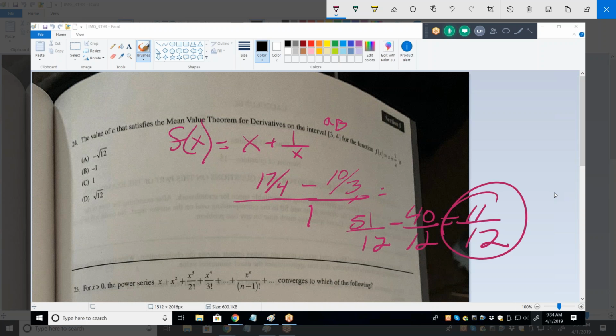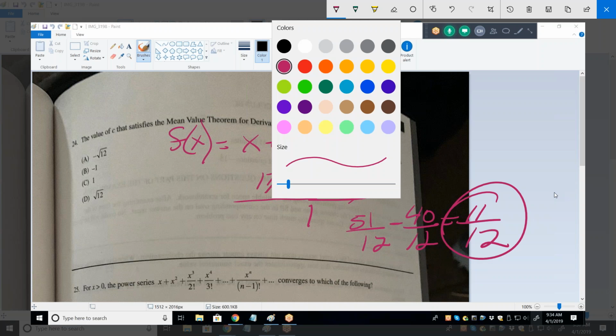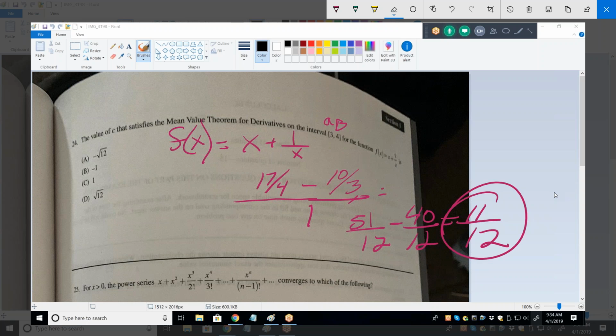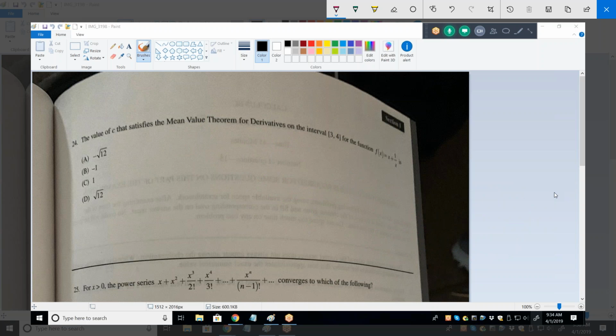Now, what's the next step we have to do? Well, remember there has to be a point whose derivative is equal to that number. So do we plug in 11 twelfths or? No, we take the derivative.